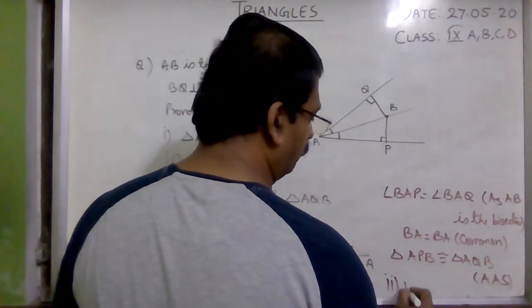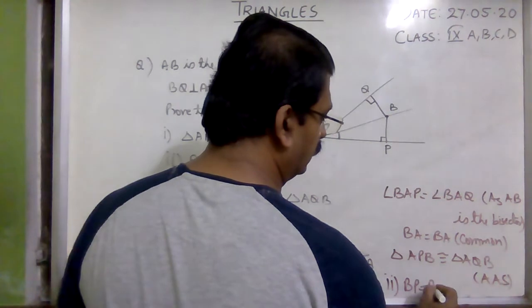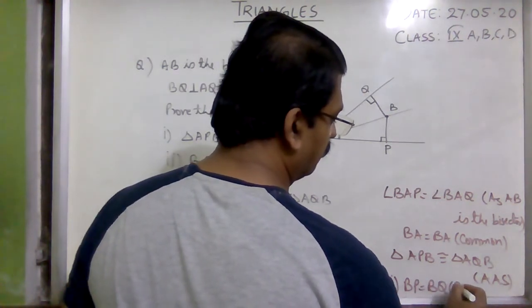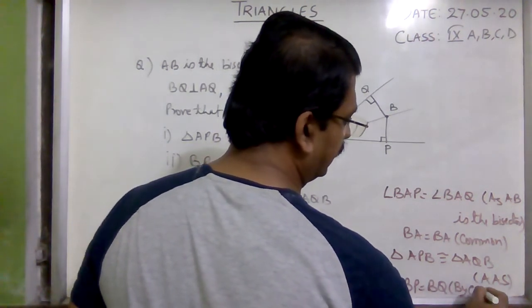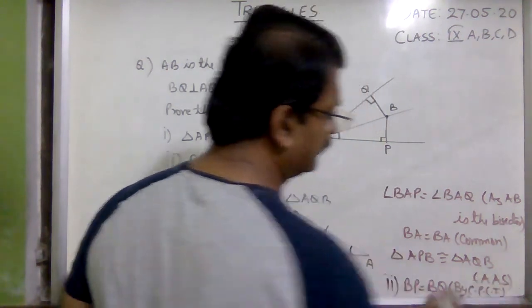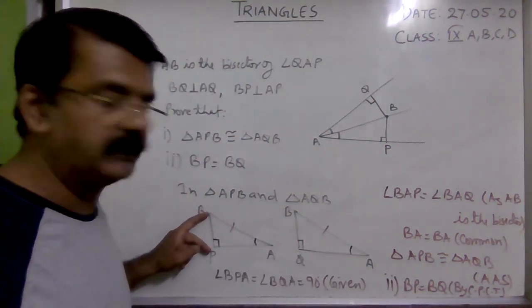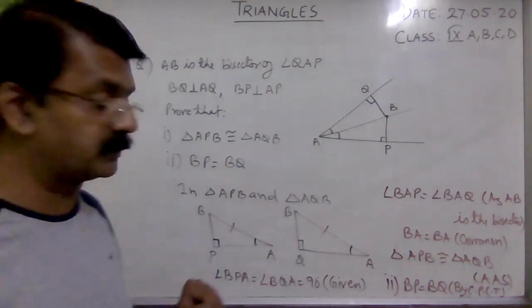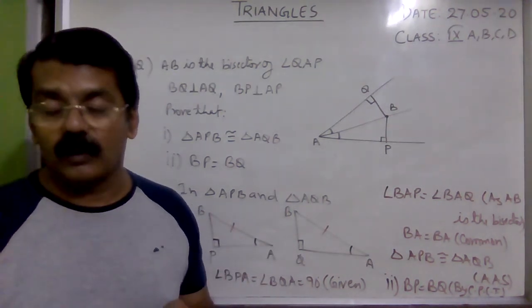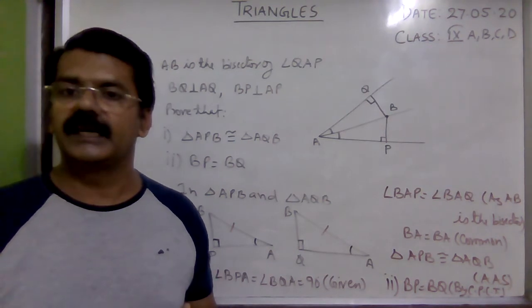The second part was BP is equal to BQ, the reason being CPCT. Once we have proved that these two triangles are congruent, we can say that BP is equal to BQ because they are the corresponding parts of congruent triangles.